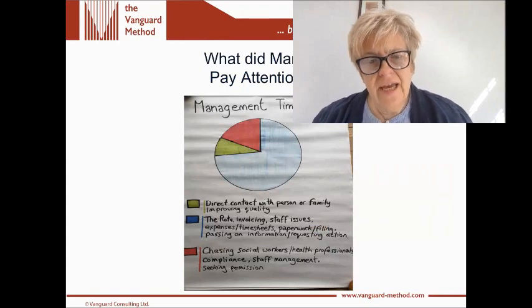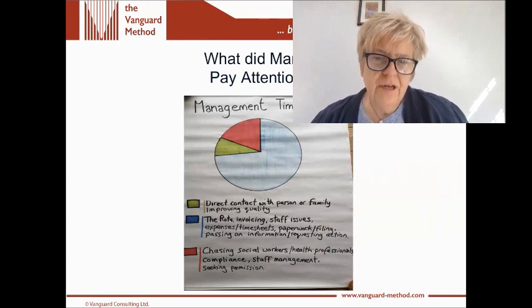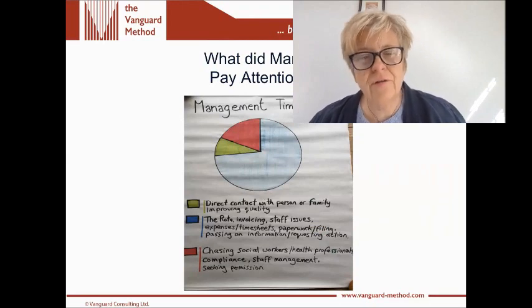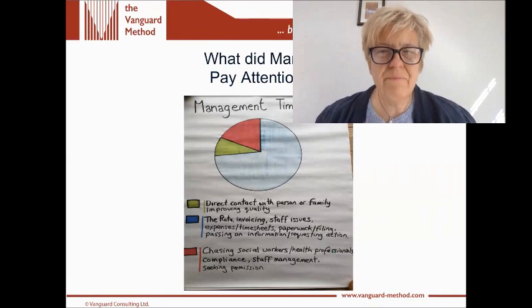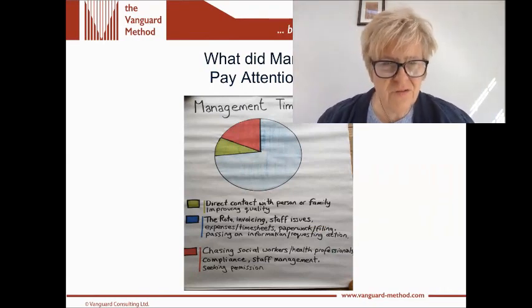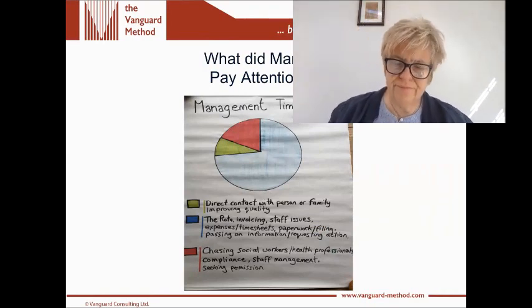And again, the consequence of that is, as you can see from the green segment, very little time spent face-to-face by the manager with the person or the family, improving quality, which of course should be the primary role of a leader or a manager in a service. Is how do we just get it better all the time for the citizens who live in our locality? How do we get it better for our teams and value them in valuing relationships and building relationships?